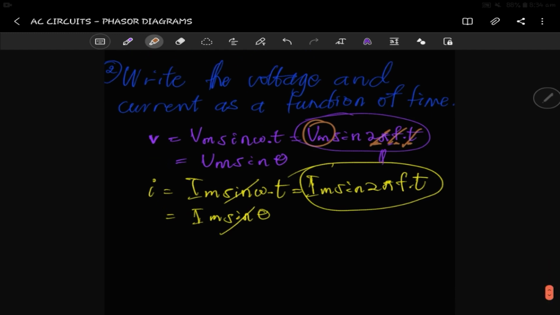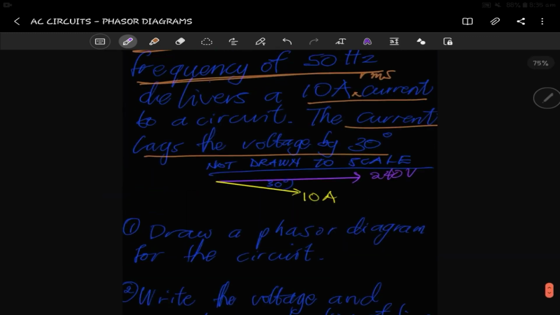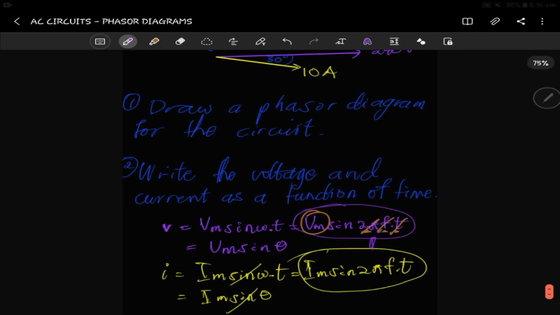So let's do this. What did we say? For sine waves, VRMS is the same as when you take the peak and divide by square root of 2. So if you are trying to find the peak when given the RMS, the peak will be root 2 times the VRMS. So now we have everything we need. The peak for this quantity will be root 2 times the VRMS, which we've been given to be 240 volts.